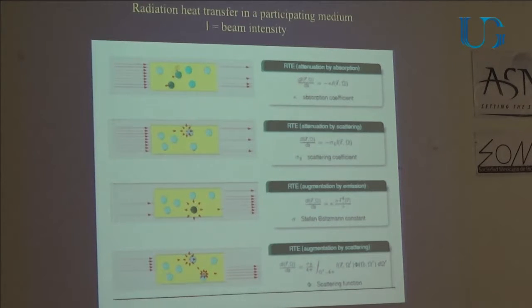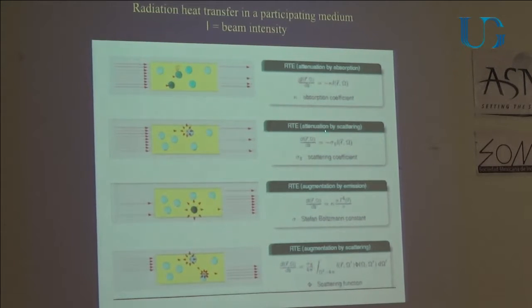Now, there's another way in which the beam gets scattered, and that is when the radiation interacts with the particles. Essentially, the surface of the particles will start, the molecules will start moving around, and they will emit some radiation, and this will be the scattering.